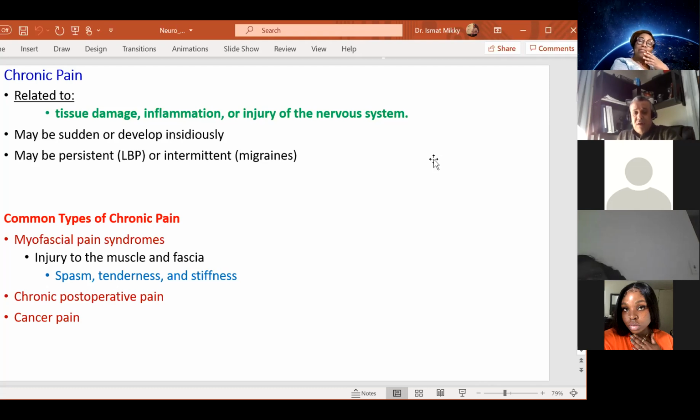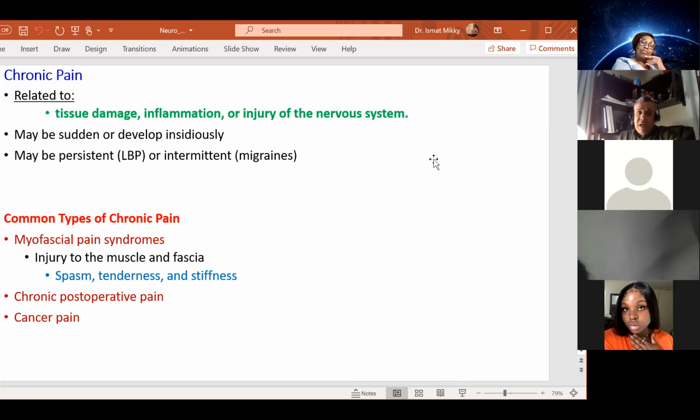The common types of chronic pain, like patients with myofascial pain syndromes, experience spasms, tenderness, stiffness. Cancer pain is another type of chronic pain. Post-op pain is usually not the norm. It's always acute unless it stays for longer than 3 or 6 months, then that becomes chronic post-op pain.